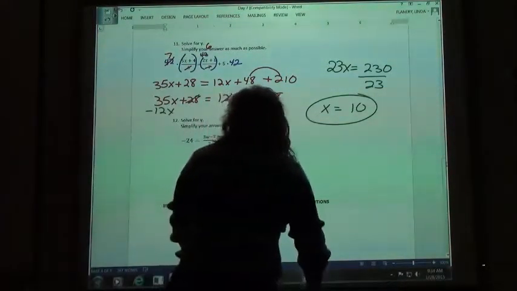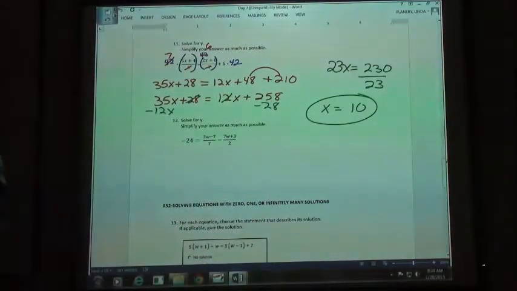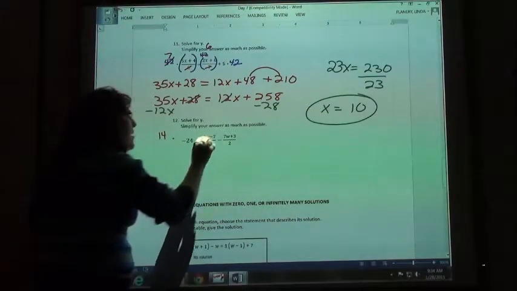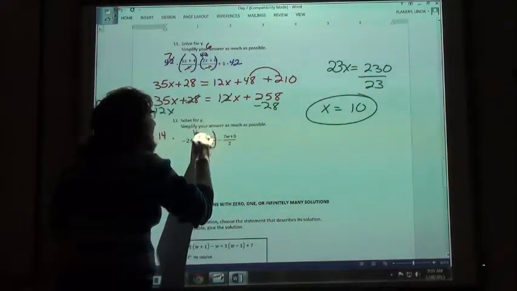So number 12, if we do that one, we have a 7 and a 2 for our denominators. Our least common denominator would be 14. So I'm going to multiply everything times 14, or in this case, I'm going to let you do it.